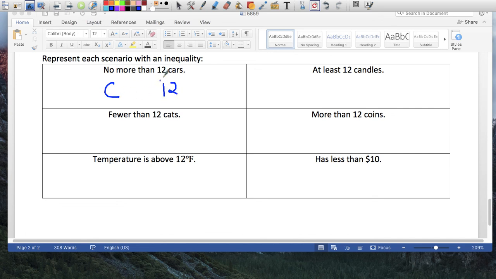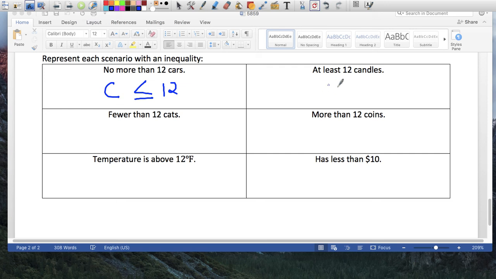So the number of cars that you have cannot be more than 12. So no, because no more than 12, it has to be less than 12. No more than 12, but it can still be 12, so it could be less than or equal to 12.